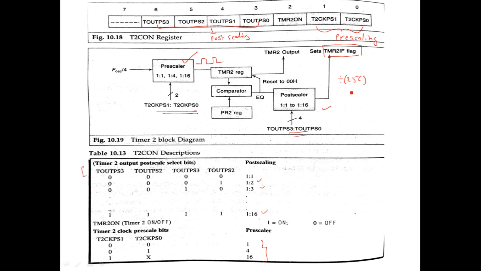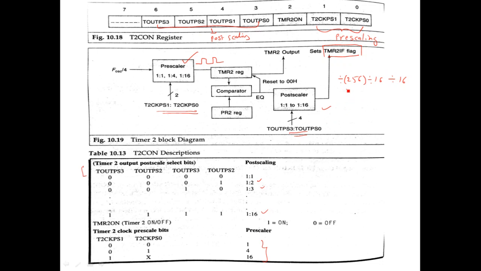Because there is a divide by 16 pre-scaler and a divide by 16 post-scaler, the frequency will be additionally divided by 16 and again by 16.